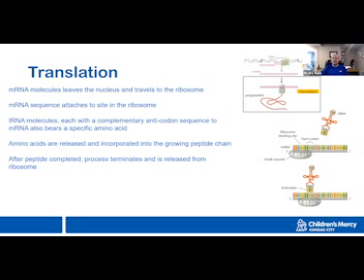You've kind of made a copy of the DNA that you wanted, and so now you have the RNA that you want, and then you can go ahead and make your protein, and the protein is the product from the gene.